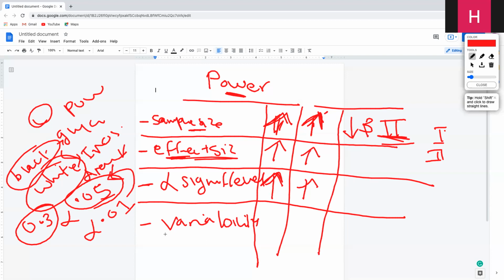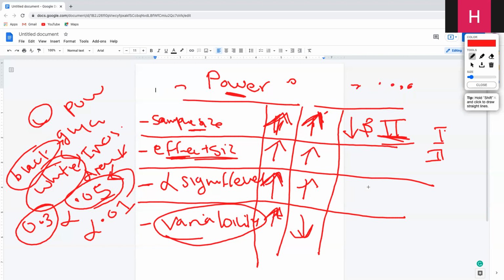And then the variability, this is the only one that if it increases, the power of the study will be decreasing. The variability means the variability between the outcome of the data that you have. For example, if the values are all over the place, this is a less powerful study than when they are close to each other.